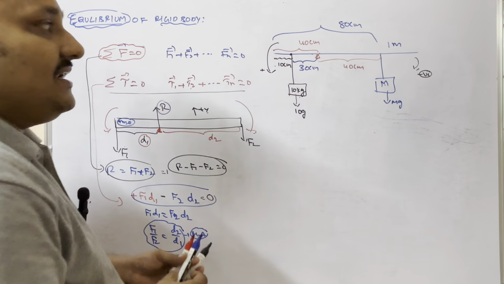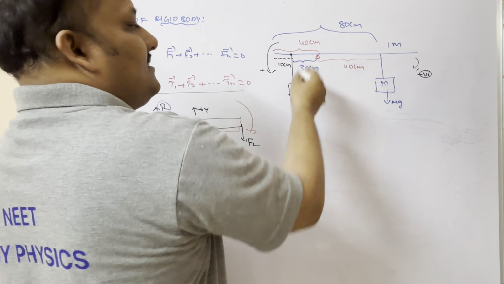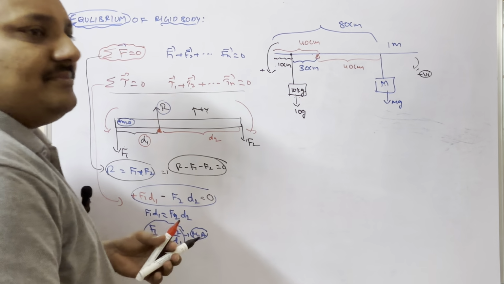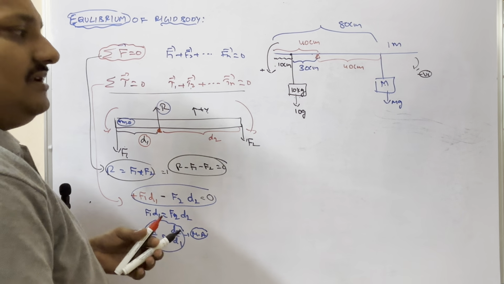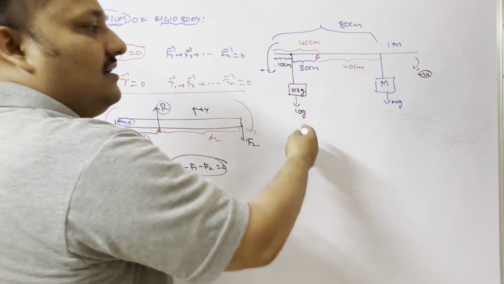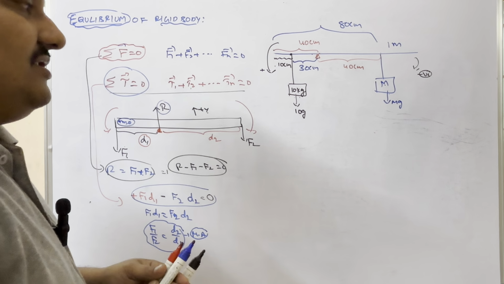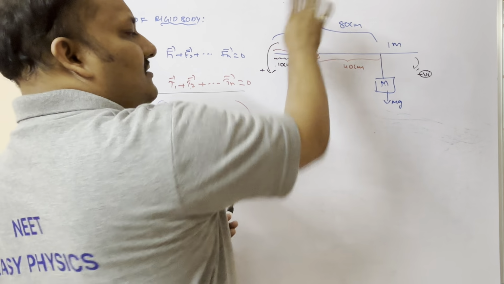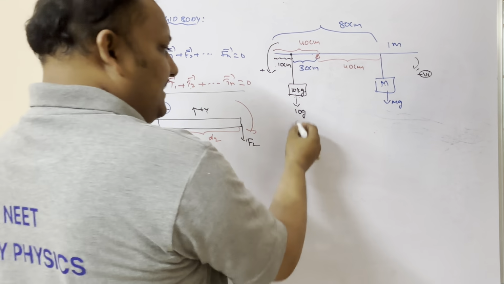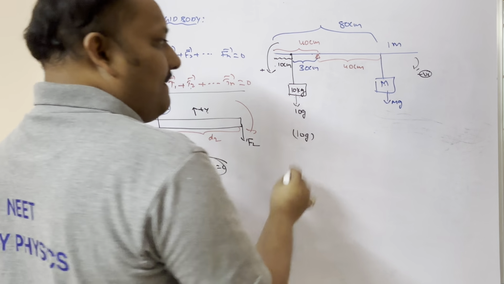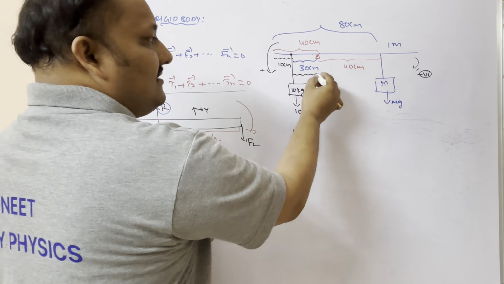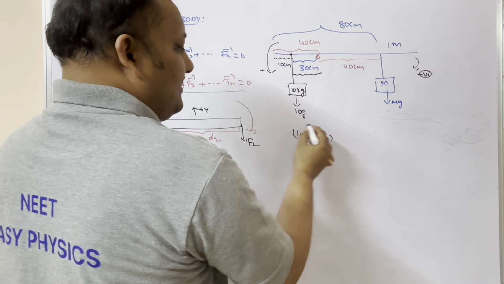I told you to take it. Next, upward force R is equal to 10g plus mg, like that also we can take, but we don't know R. Therefore, we will follow the summation of torque is going to become 0. So whenever required, that one also we will apply. Now we'll see 10g into what is the distance? 30 centimeters.